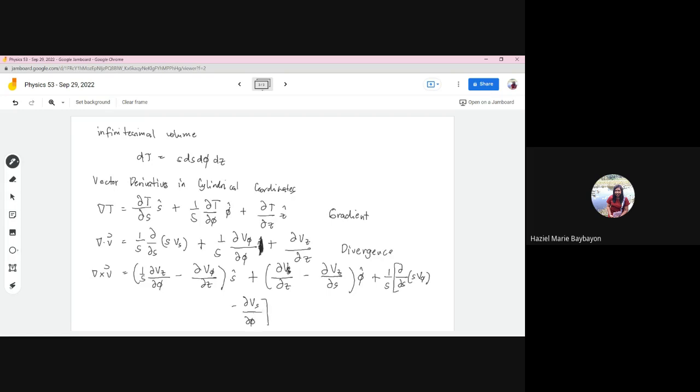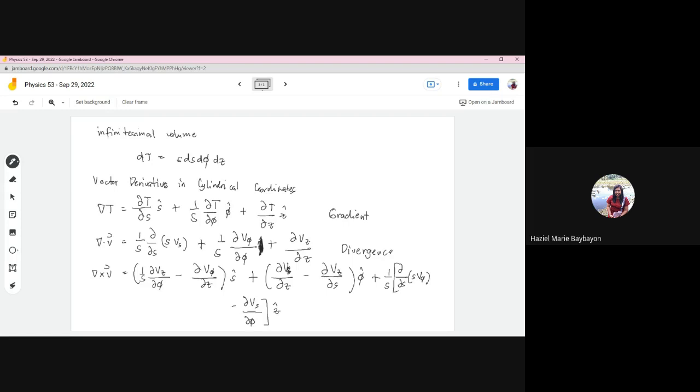So this is the z component of the curl. This is the expression of the vector derivatives in cylindrical coordinates.